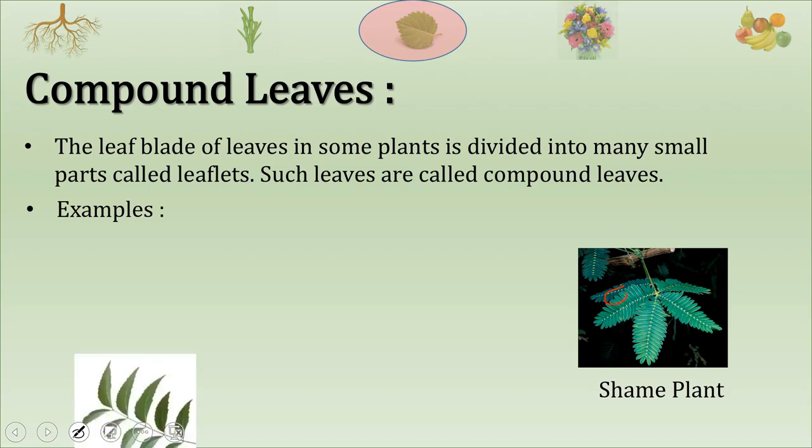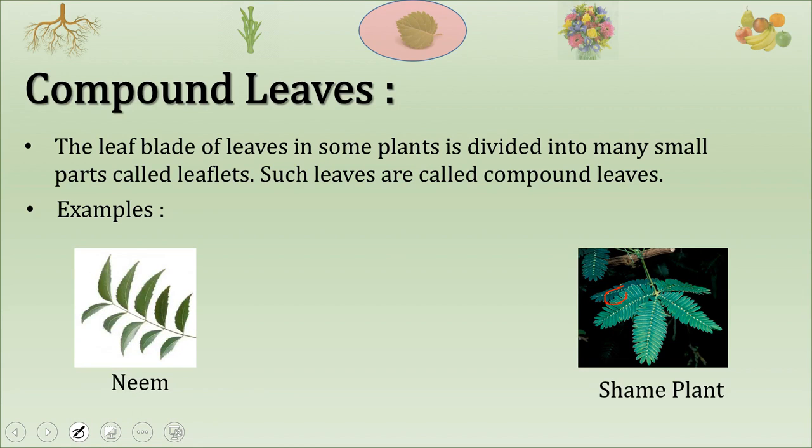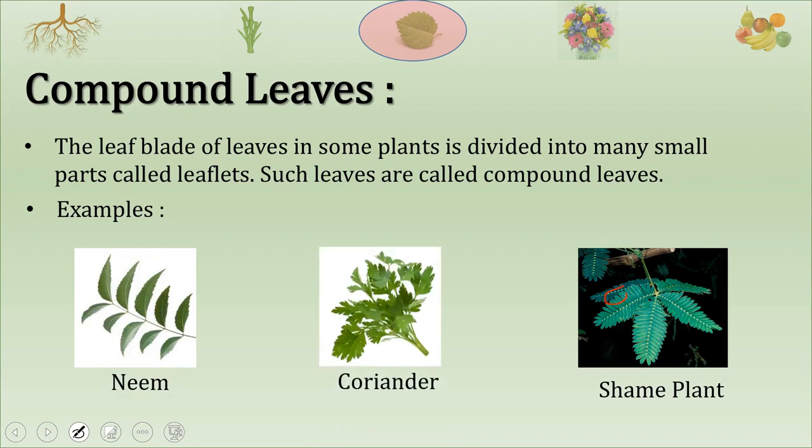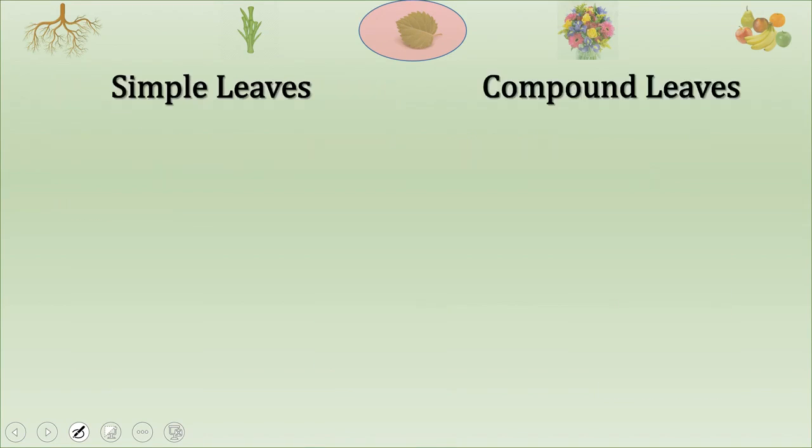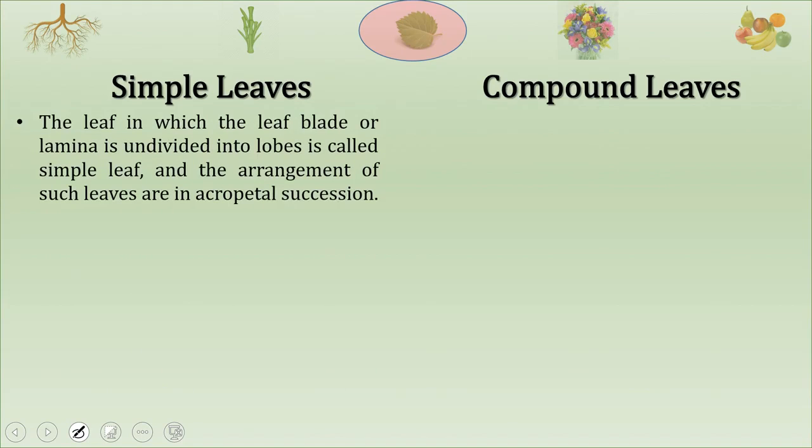Let us see more examples. Leaves of neem and coriander are examples of compound leaves. Now let us differentiate between simple leaves and compound leaves. The leaf in which the leaf blade or lamina is undivided into lobes is called a simple leaf, and the arrangement of such leaves is in acropetal succession.